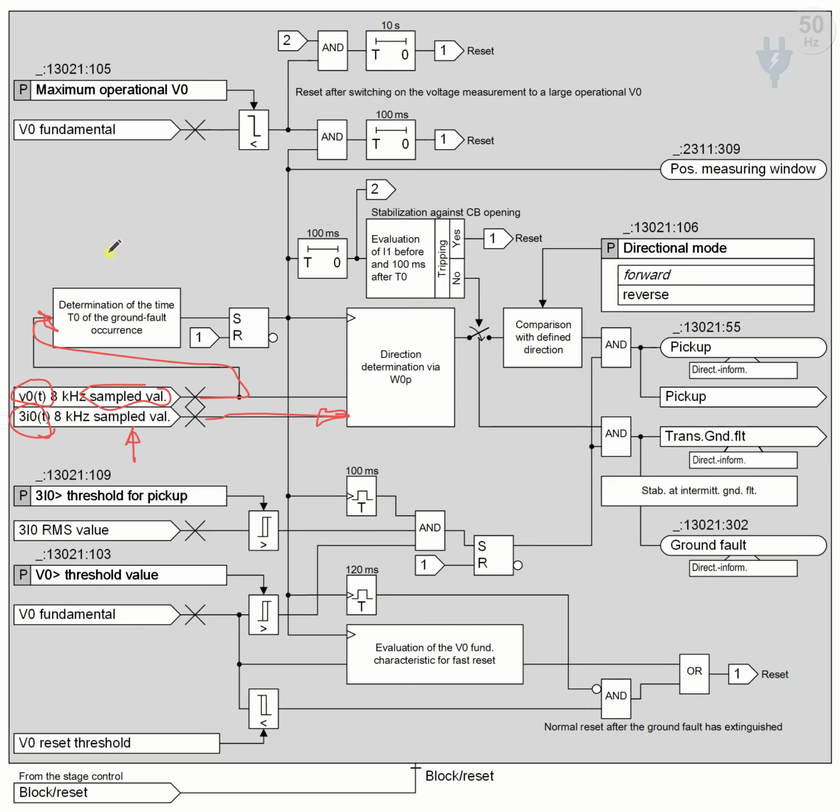This block determines the exact time of happening of the transient ground fault. It means it detects T0. We call it block A. Let's understand how this block A works.